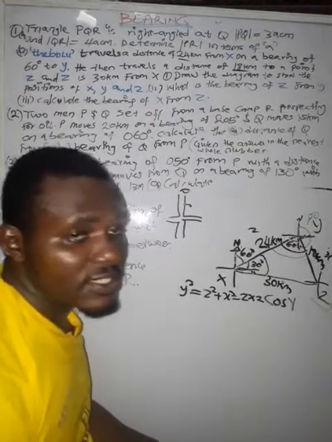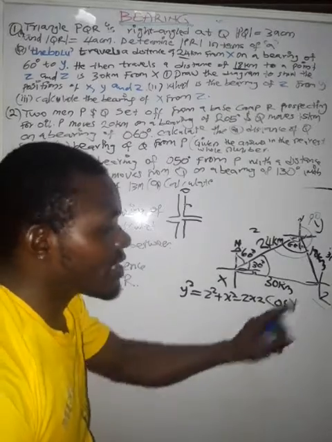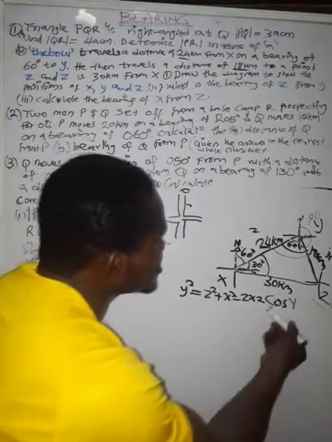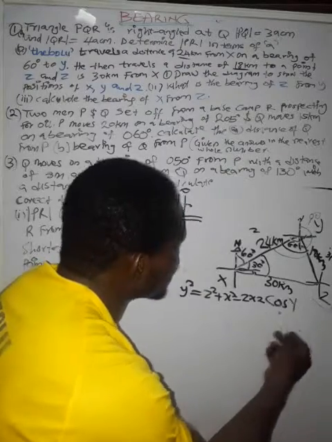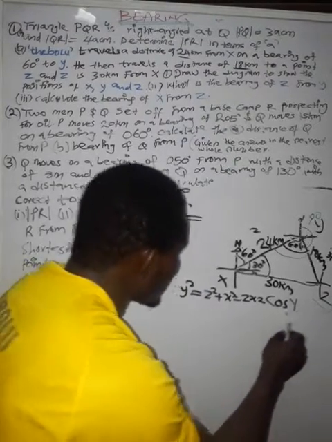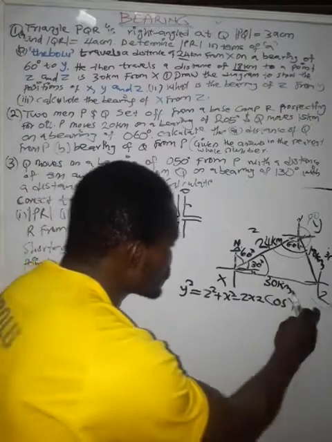Then from there I calculate the angle. So now let me make cos y the subject of the formula. If I'm to make this the subject, everything here, I'll bring it down here to remove this minus. Then take this one to the other side.